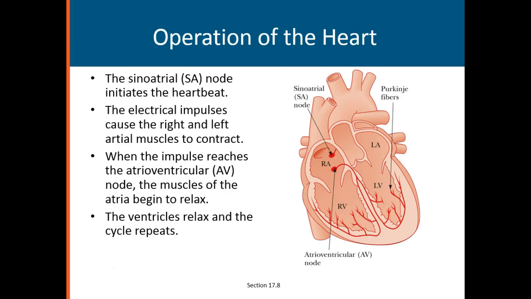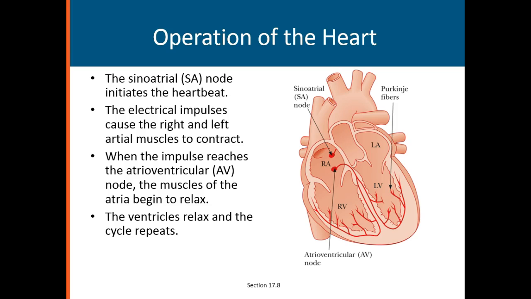So the operation of the heart, the sinoatrial node initiates the heartbeat. That's where it's, oh, there it is, SA. Okay, that initiates the heartbeat. What that does is pull in blood from the lungs, I think.